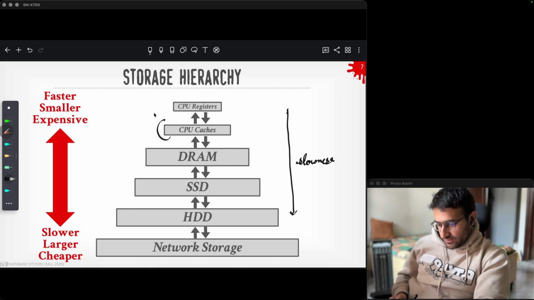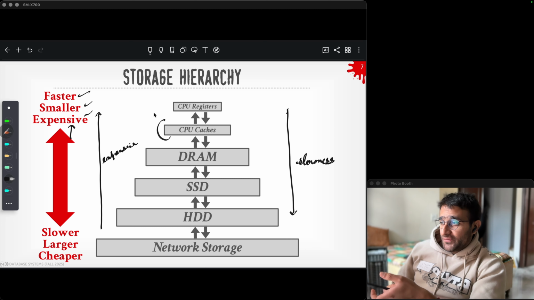It's also written here that moving up, it's faster, smaller, and expensive. So the ideal scenario would be faster, bigger, and cheap. Assume a CPU cache of 4 gigabytes and you're getting it for the cost of an SSD, let's say a Samsung SSD.